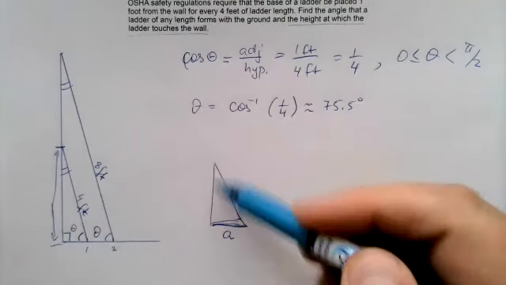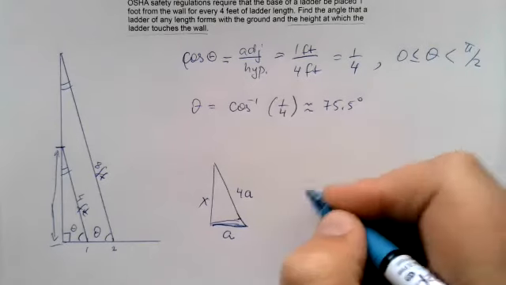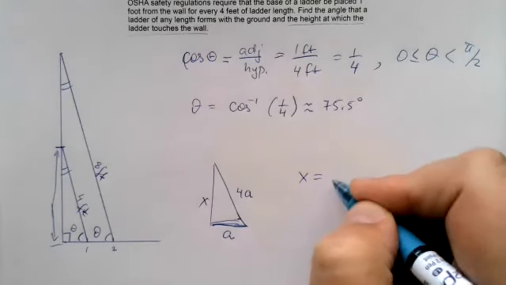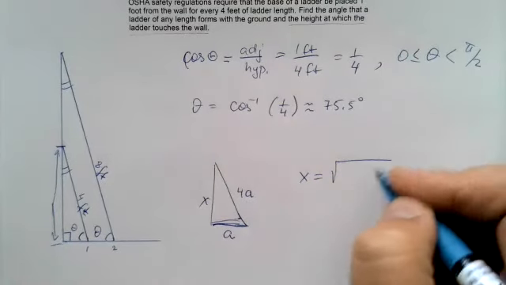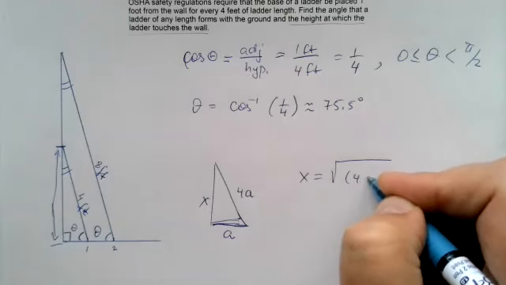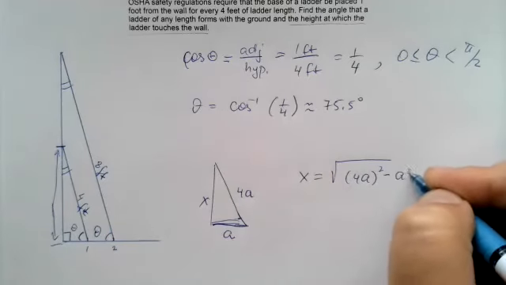So we need to figure out the expression for X. And using the Pythagorean theorem, we're going to get X equals the square root of the square of the hypotenuse, so 4A squared, minus the square of the side.